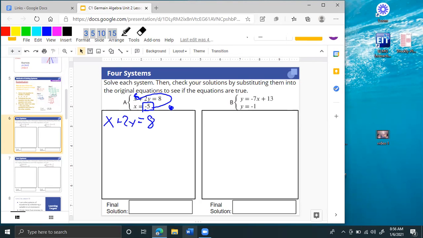We can plug this -5 in for our X, and we would get -5 plus 2Y is equal to 8. Okay. So what would I do next to isolate or get my Y by itself? What would I do to each side?